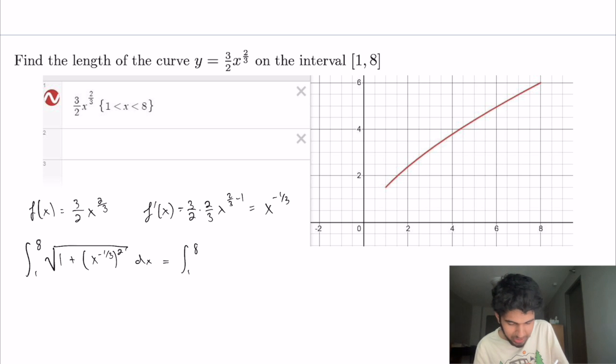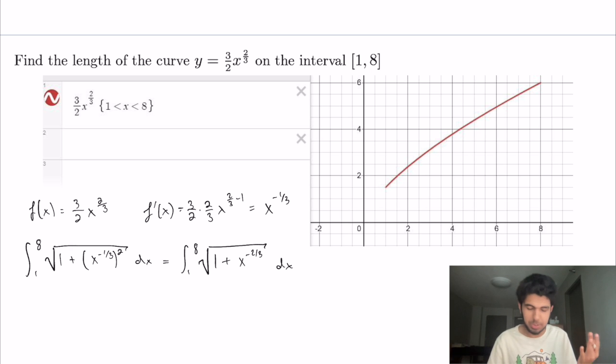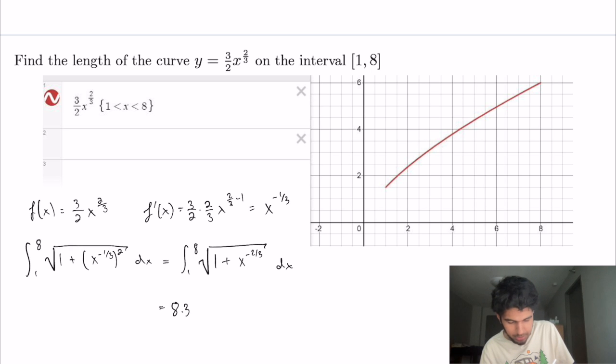We can square the insides. We get 1 plus x to the negative 2/3 dx. And this we can't really solve by hand yet. So you can just plug this into a calculator if you want, and you can get 8.352.